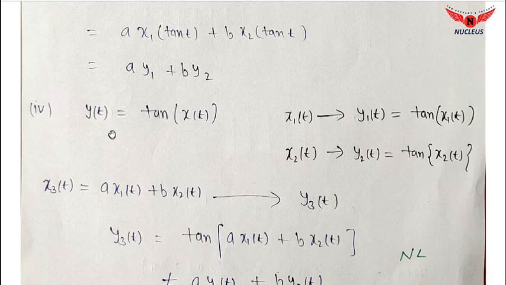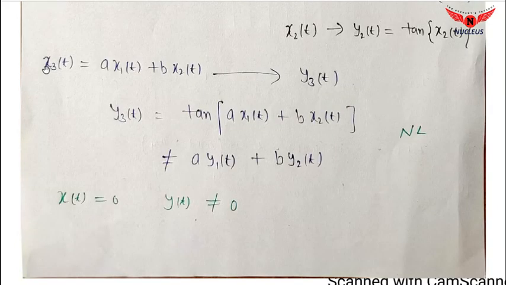The fourth question is yt equal to 10 xt. Let's consider x1 as our input and the corresponding output is y1t equal to 10 x1t, and x2 is the next input and y2 is the corresponding output, so y2t equal to 10 x2t. Let's consider x3t as the linear combination of a x1t plus b x2t, which gives the output y3t.